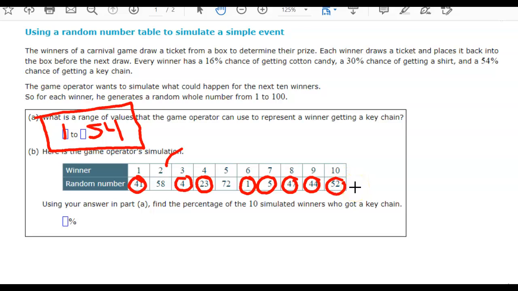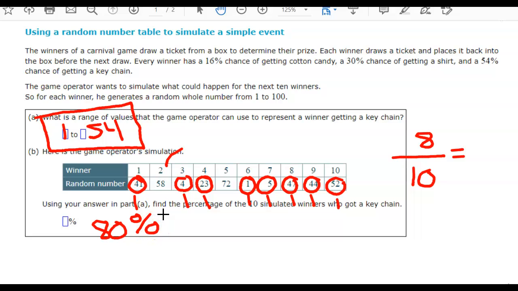Okay, those are all the ones that spun or pulled a ticket between 1 and 54. So we have 1, 2, 3, 4, 5, 6, 7, 8. 8 winners out of 10 winners got a keychain. 8 out of 10 is the same as 80%. So our answer down here is going to be 80%.